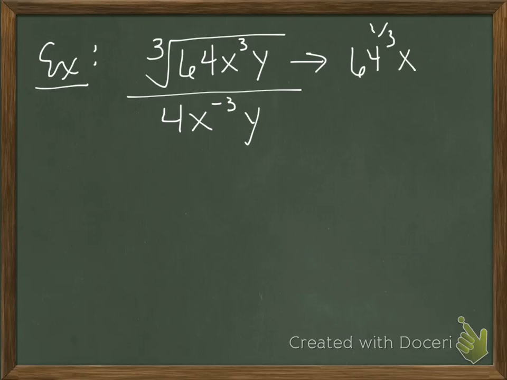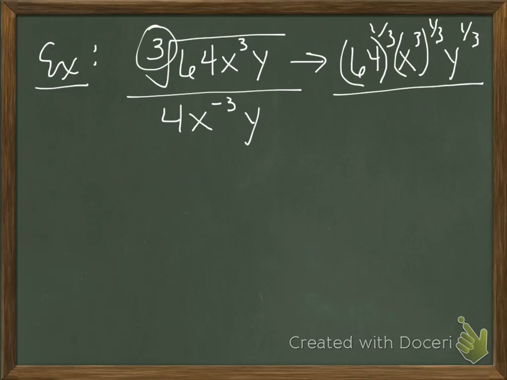This is x to the 3rd to the 1/3, and this is y to the 1/3 power. Each of these is to the 1/3 power because it's the cube root of all of them. In the denominator, I have 4x to the -3, and I have y. That part's not simplifying yet.